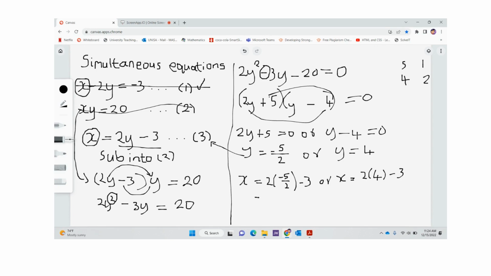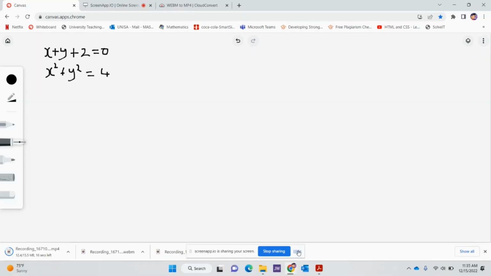All right, so this 2 will cancel with the 2, and minus 5 minus 3 will give us minus 8. And the second x will be equals to 2 times 4, which is 8. 8 minus 3 is 5. So x is minus 8 and positive 5, while y is minus 5 over 2 and 4.